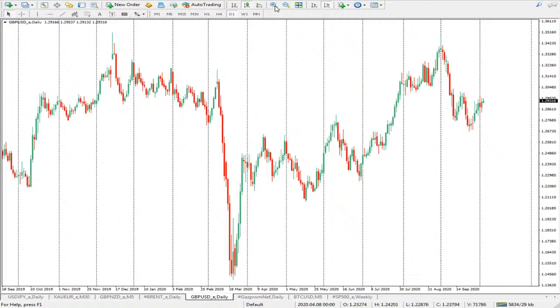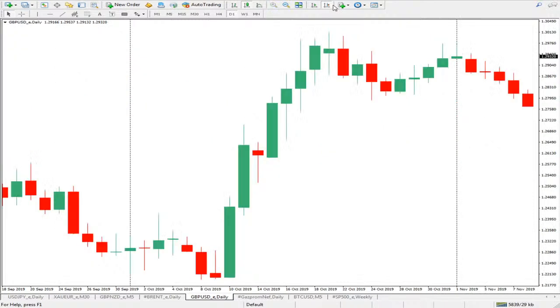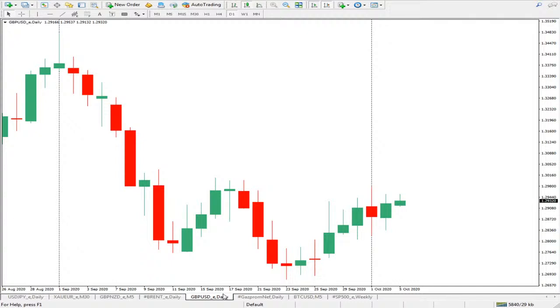This is GBPUSD. On this chart, we're seeing the possibility that the price may head to the lower side. Sorry about that, let me load my charts.